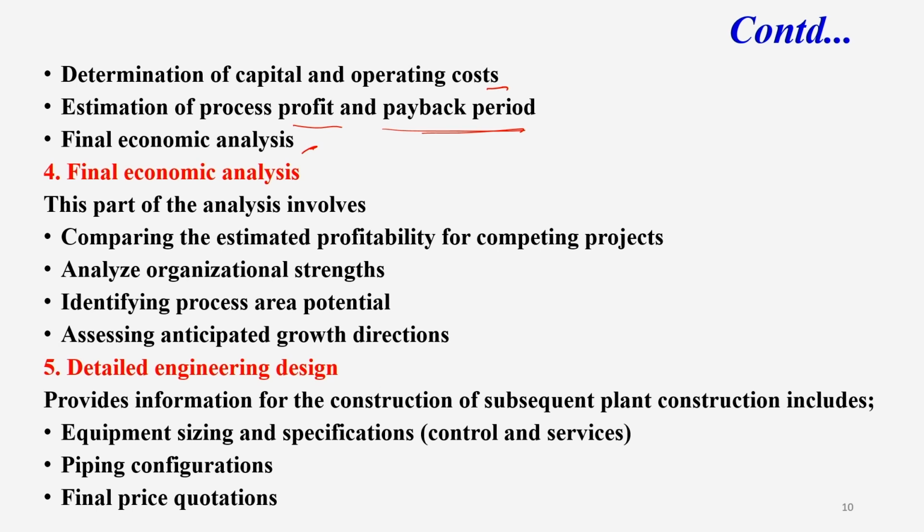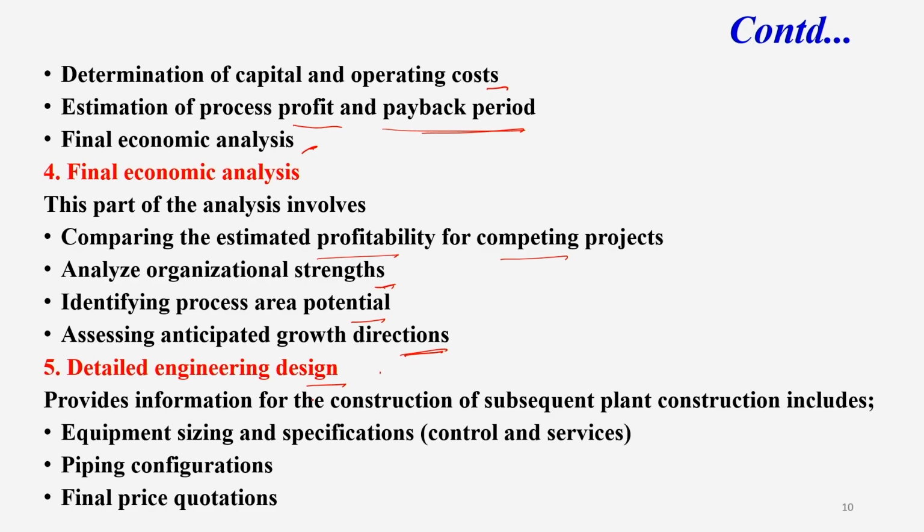Now, in the case of final economic analysis, this part involves comparing the estimated profitability for competing projects, analyzing organizational strength, identifying process area potential, and assessing anticipated growth direction for the future. And once it is there, then you have to go for engineering design.